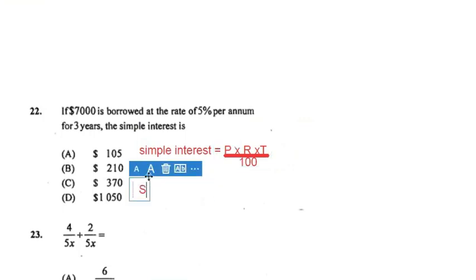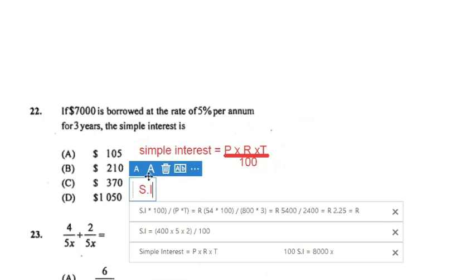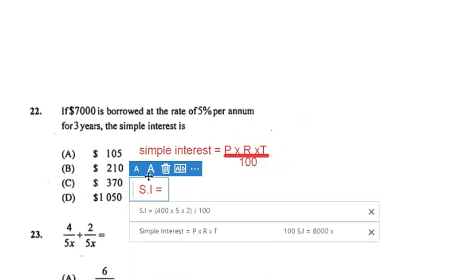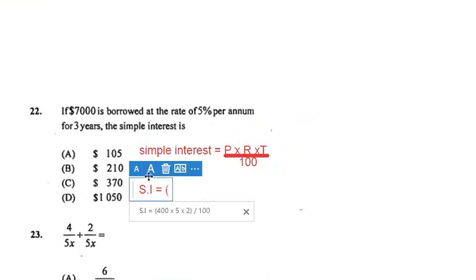So simple interest is equal to the principal, which is 7,000 multiplied by the rate of 5% multiplied by the time of 3 years, and that is divided by 100.